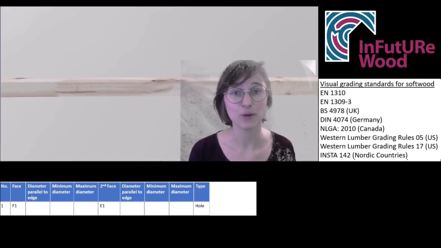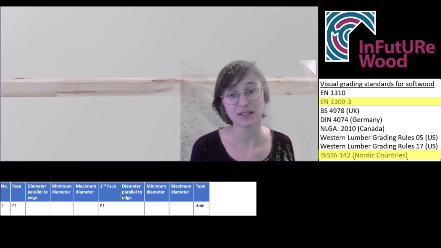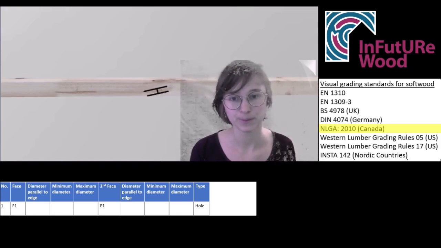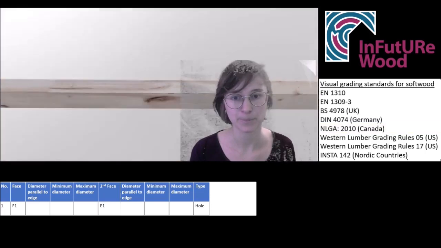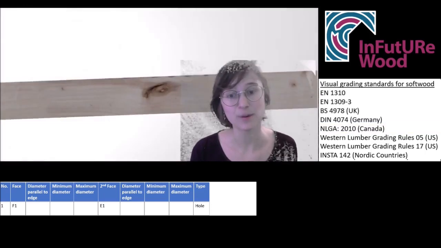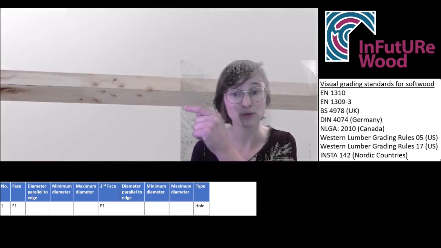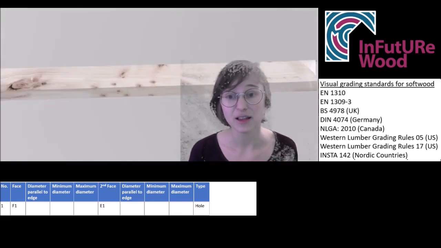Here we have what we call a spike knot, because its length is greater than 4 times its width. Most standards actually ignore spike knots, but the Canadian standard wants us to measure the widest width. Remember, we already measured all of these knots on the other side.